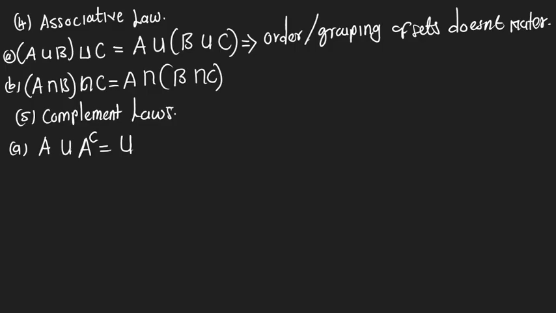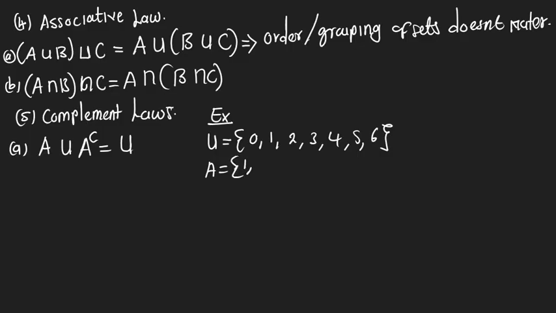Okay, so if I was to give an example for this particular set, if this is my universal set, and this universal set comprises 0, 1, 2, 3, 4, 5, and 6, and this is my set A, and set A is a set of 1, 3, and 4, okay? If I was to find A uniting with A complement, okay?